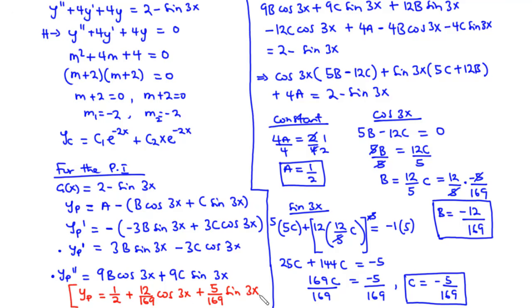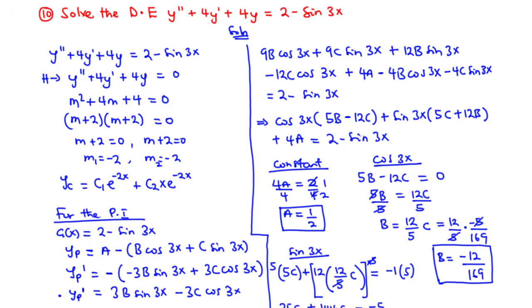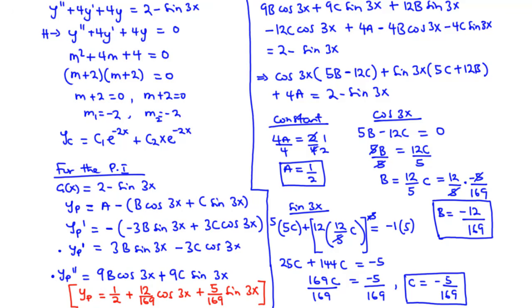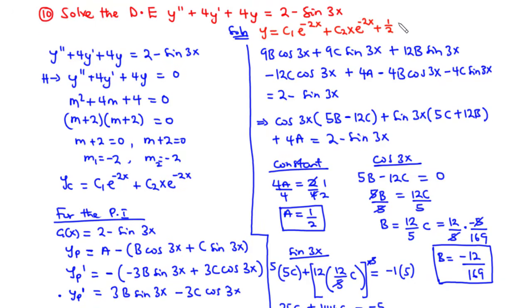So this is the particular integral. Therefore, the general solution to the differential equation is given by y equals c1 e to the power negative 2x plus c2x e to the power negative 2x plus 1 over 2 plus 12 over 169 cos 3x plus 5 over 169 sine 3x.